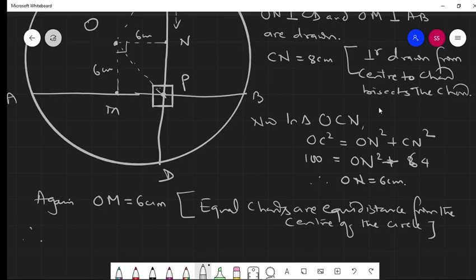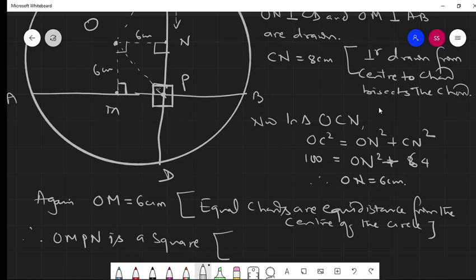Now OMPN is a square. The reason is this angle is 90. Two adjacent sides are equal. This is also 6, this is 90, this is 90, and this angle is already given as 90, so the next should be 90.